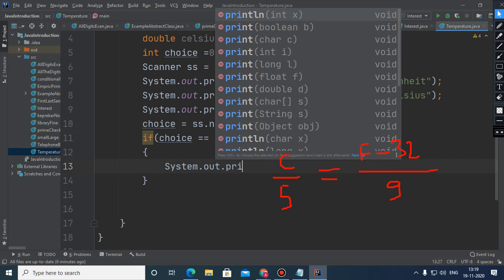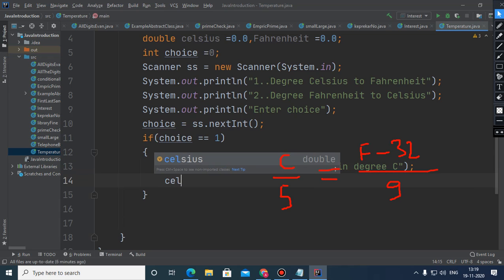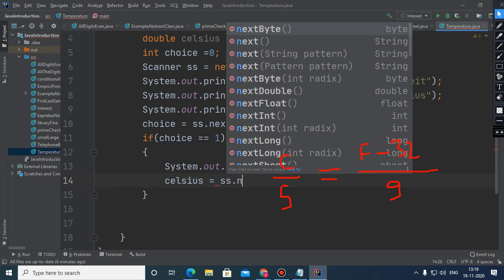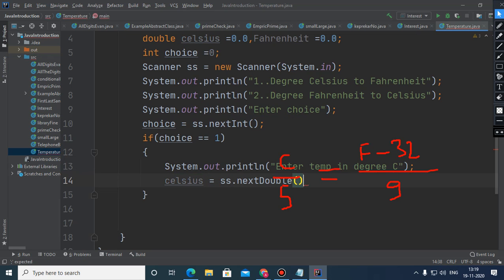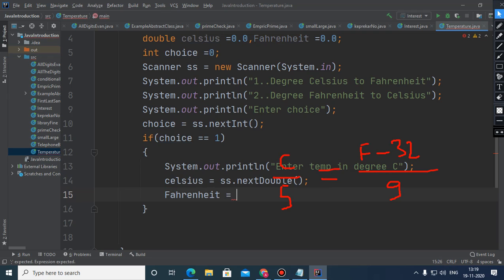So first of all, we have to write enter temp in degree C, and that is Celsius is equals to ss.nextDouble, and now Fahrenheit is equals to, apply this formula, that is 9 into C upon 5 plus 32.